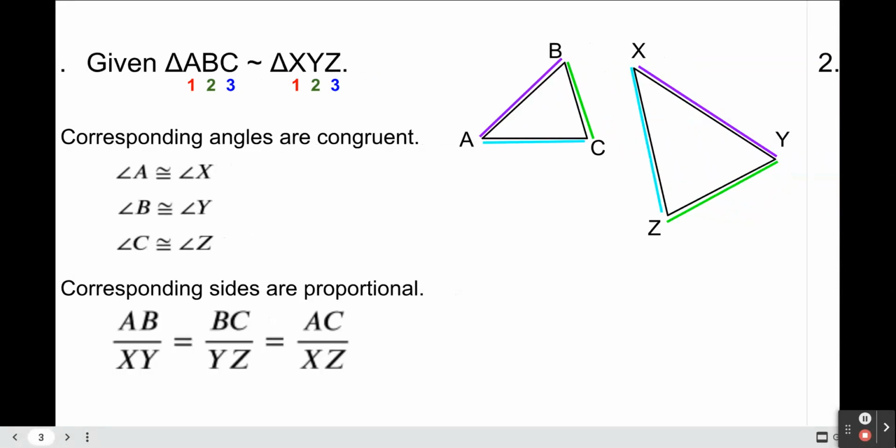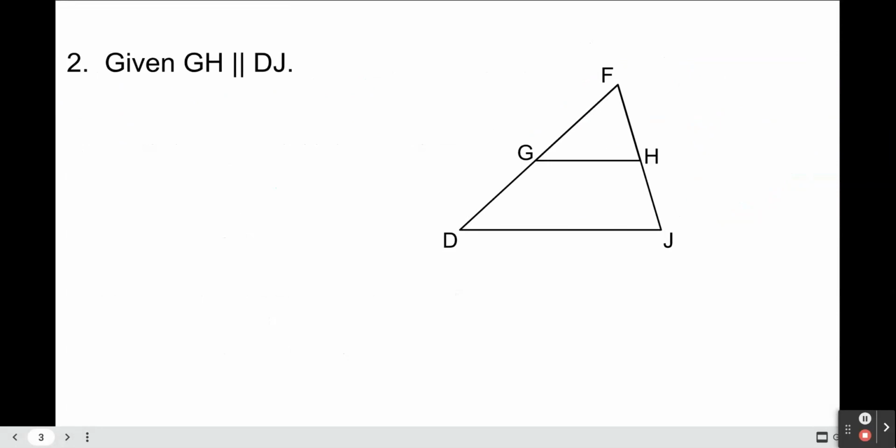Let's look at example number 2. Given that GH is parallel to DJ, so here's our parallel symbol, GH is parallel to DJ, well, having a pair of parallel sides gives us some other information.